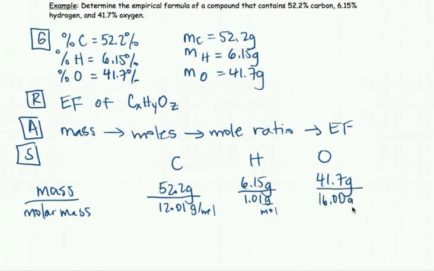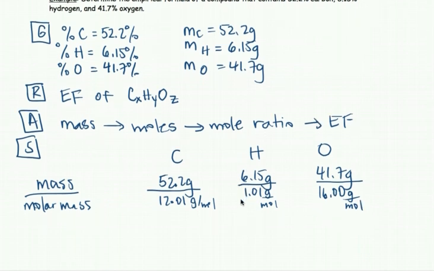Hopefully you're grabbing these so often that you have them memorized. Then divide these out to get the amount in moles, and carry some extra digits, please. Don't round it up to 4.